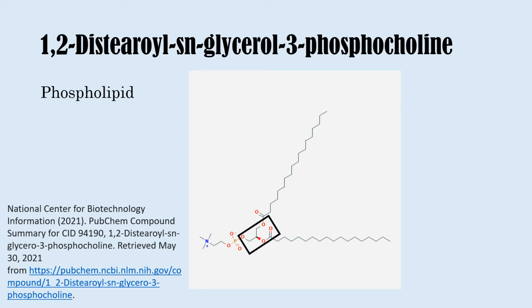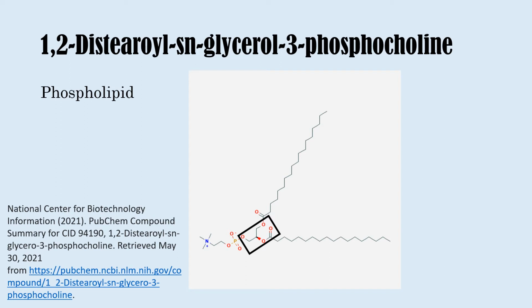It doesn't look like the nice neat diagram of a straight glycerol, but you can see that there's 3 carbons. Maybe let me use the mouse. There is 1, 2, 3. So there's 3 carbons, and there's oxygens on all of them, and you can tell that there's a glycerol here.